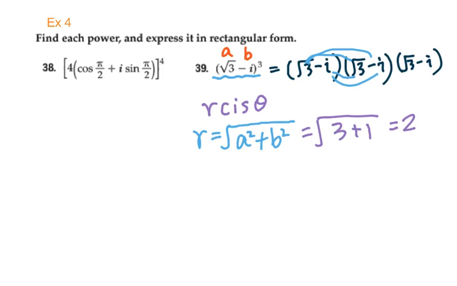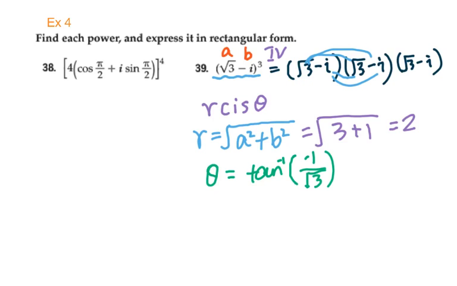And for theta, you have to decide which quadrant this complex number is in. We know this will be in the 4th quadrant. Therefore, we will get inverse tangent of -1 over square root of 3.